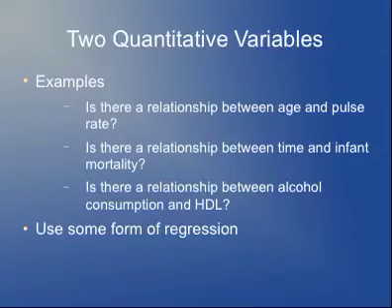Or if you have two quantitative variables, you want to say, is there a relationship between age and pulse rate, or time and infant mortality, or is there an association between the amount of alcohol you consume and bad cholesterol?